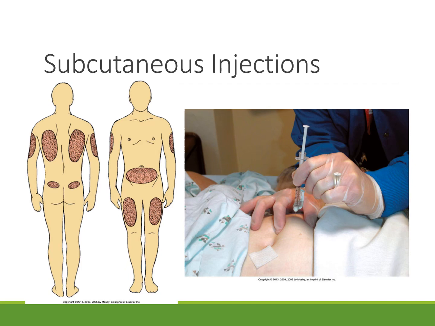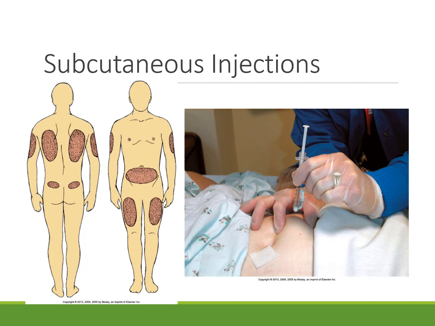So if you are using a gauge 26 or 27 needle, the higher the gauge, the smaller the needle is. So gauge 26, 27 is used in administration of insulin, whereas gauge 21, 22, 23 is used in intramuscular administration.